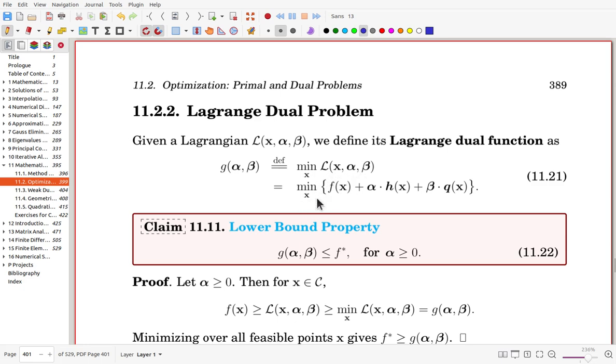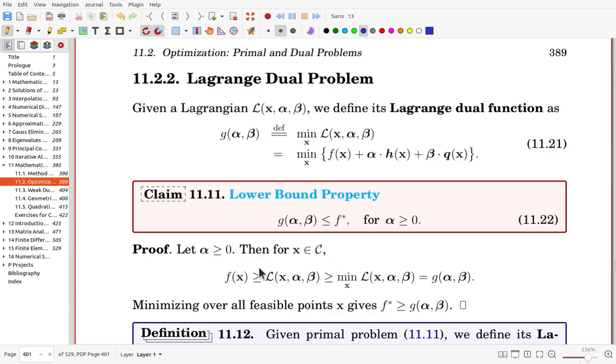So now it is minimization over x, and we apply this minimization over the Lagrangian. Then with this definition, we can say that this dual function is always a lower bound of the primal optimum.